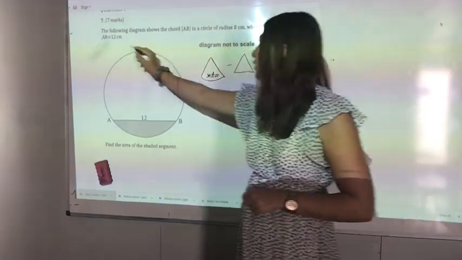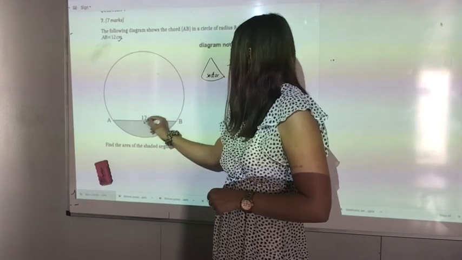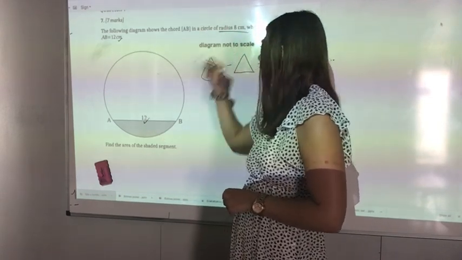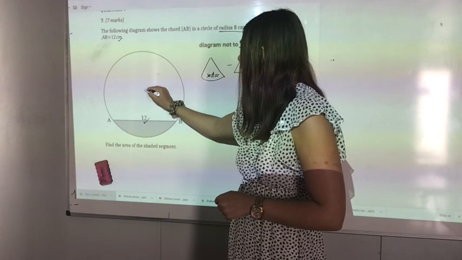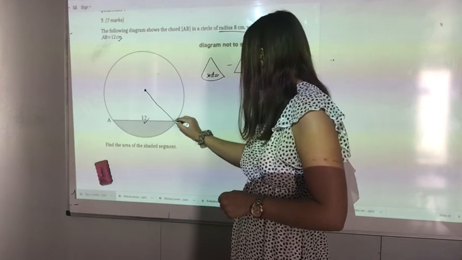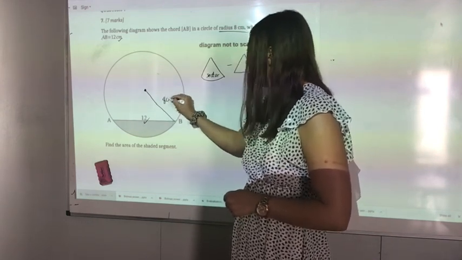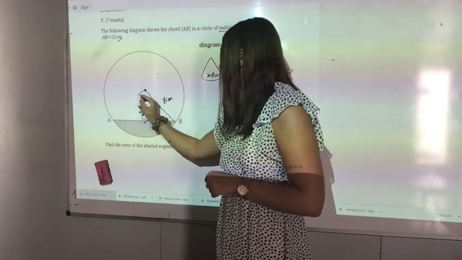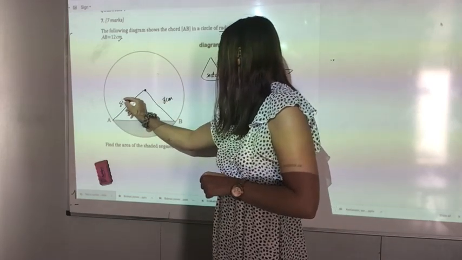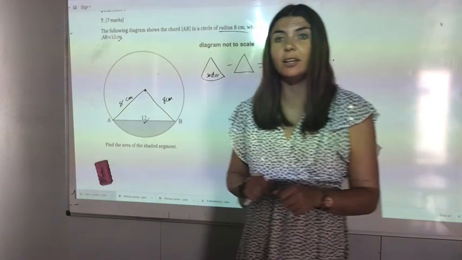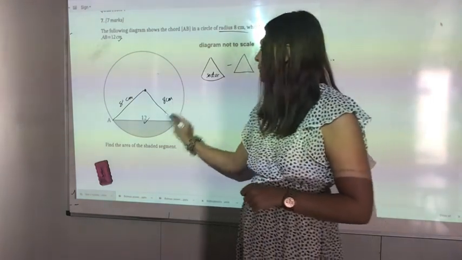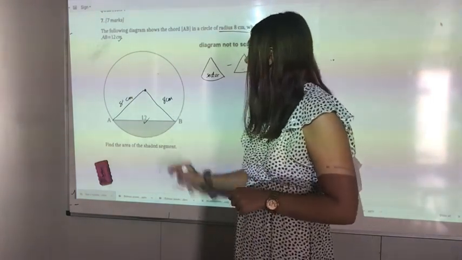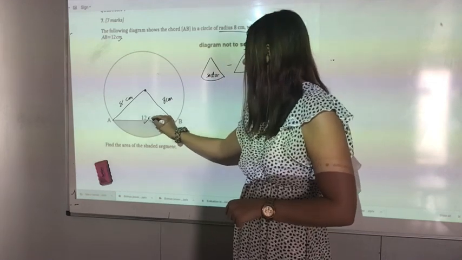It's already defined where the 12 centimetres is, but we also need to add the 8 centimetres. So choose a point near the middle and create the radius of 8 centimetres. Now this is the challenging part of the question, getting started. We now have 8 centimetres, and indeed we have 12 centimetres.